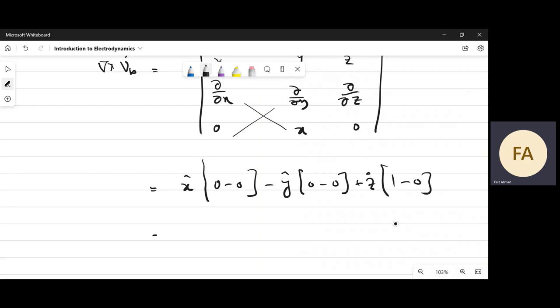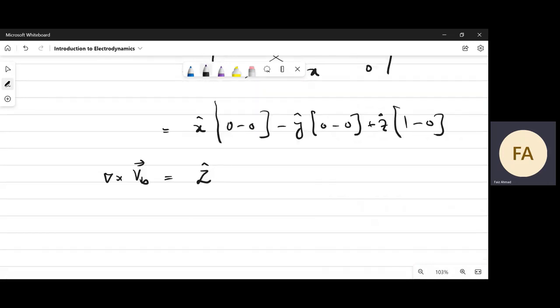So it turned out to be z unit vector. So both have non-zero curl.